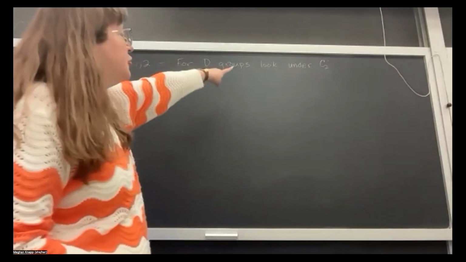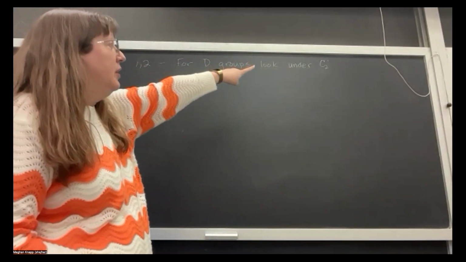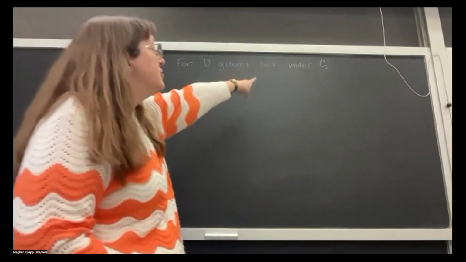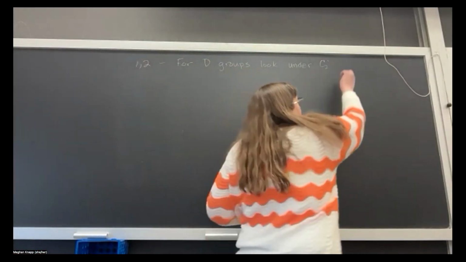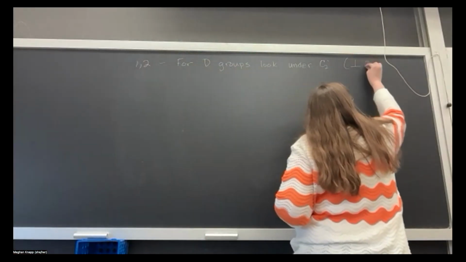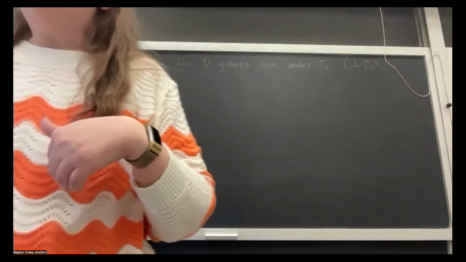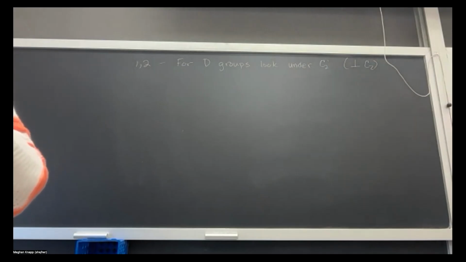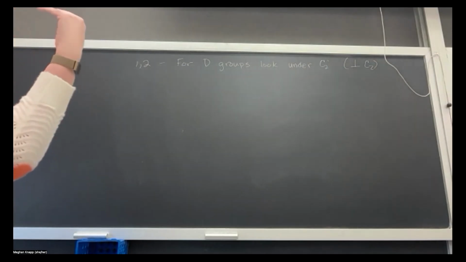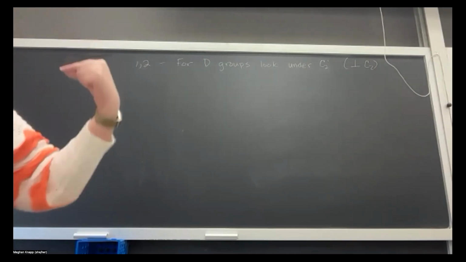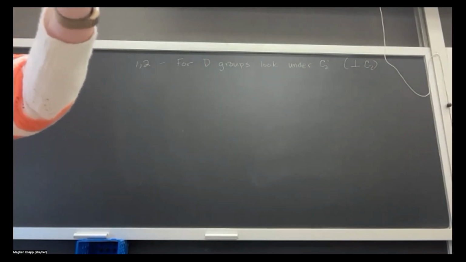So for D groups, you're going to look under C2 prime. So that's that perpendicular C2 axis. All right. So if you're looking under there, you should see a 1 for the label if there's a 1 under the column, symmetric.